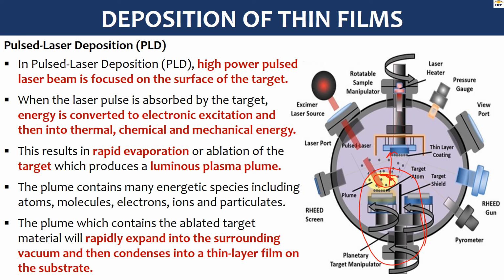There is rapid evaporation of the target, which produces a luminous plasma plume. This plume contains atoms, molecules, or ions, and when it rapidly expands into the surrounding vacuum, it condenses as a thin film layer on the substrate as shown here. So that's your pulsed laser deposition.